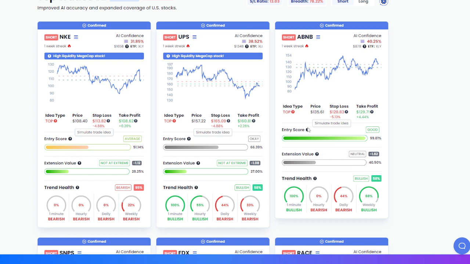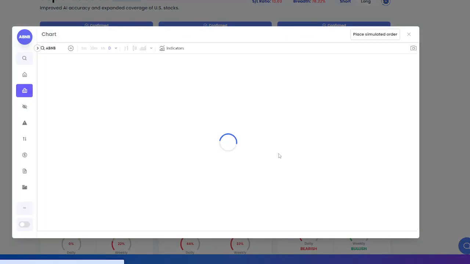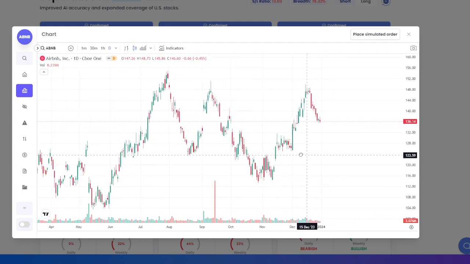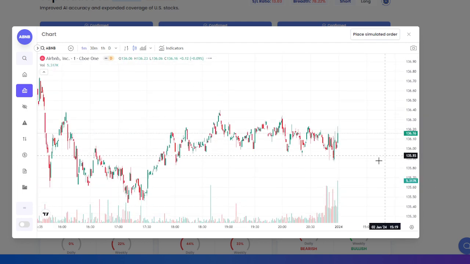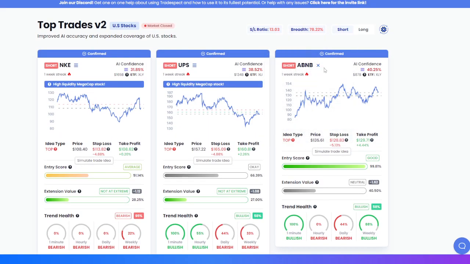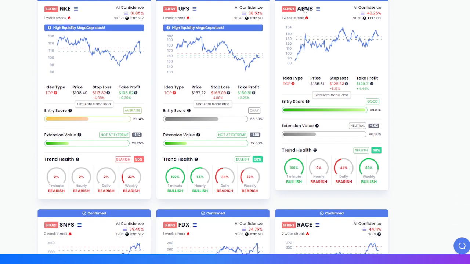If you have the app open and you're trading a setup, you can see the entry score moving as the market's moving, and near 100% entry score is really good for entering the trade idea. So if you want to enter short, a near 100% entry score is really good.